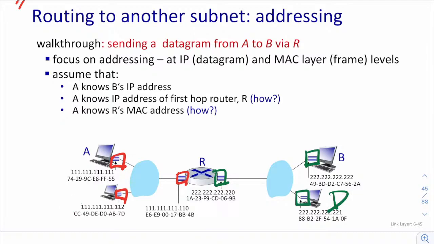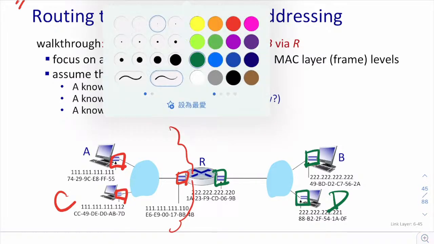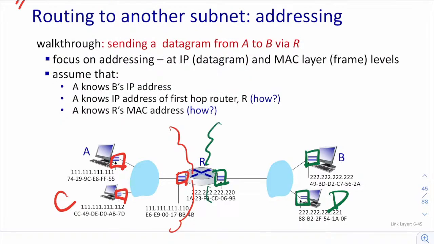Maybe red is better. Okay, we can say that we have 2 subnets connected by 1 router, right? When A wants to send a packet to B, then how do MAC address and IP address collaborate with each other to send a frame from A through R, which is a router, and then the router will route it to B?